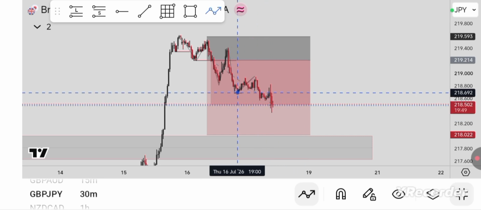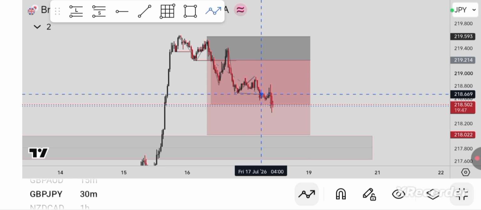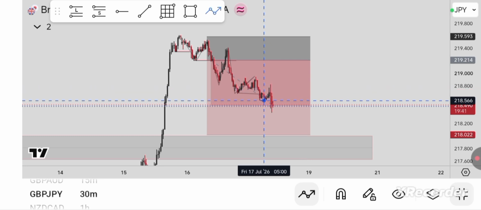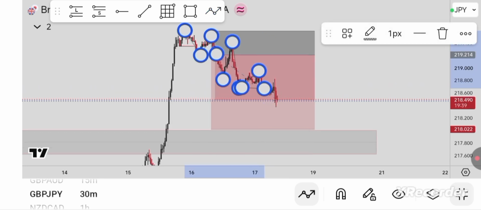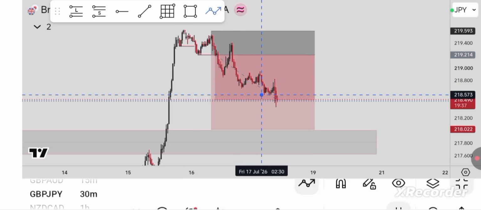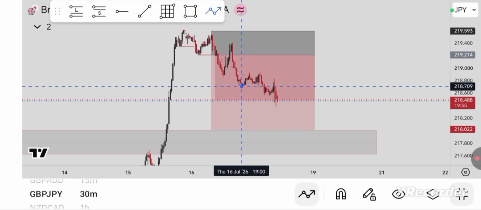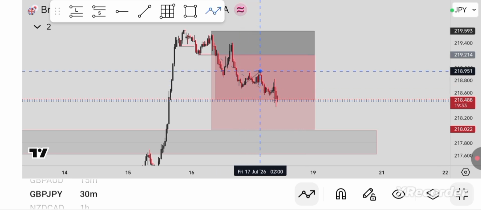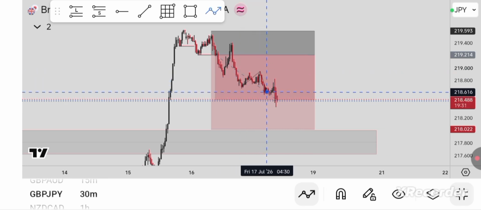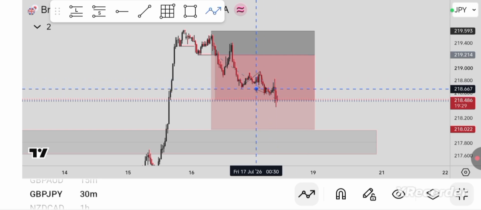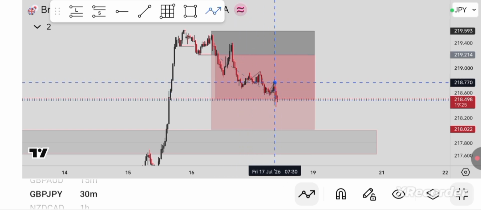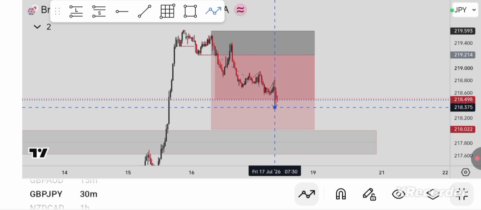As you can see, this was a low that was broken. The market broke this low, and the market retraced back, created a low, and from here created the high, created a low, and this low broke this low and retraced back and broke another low.